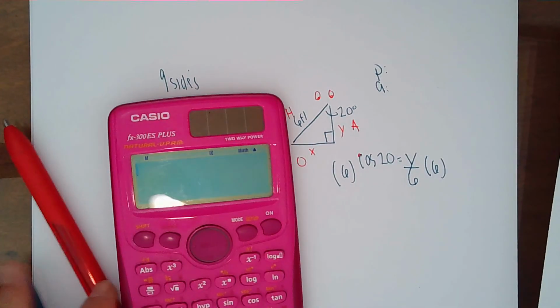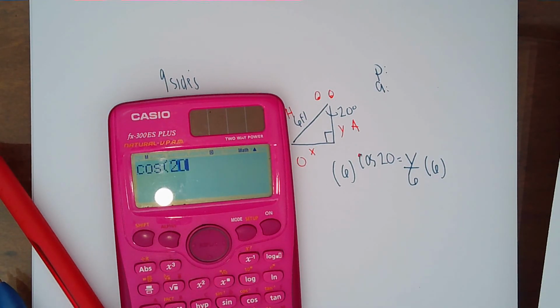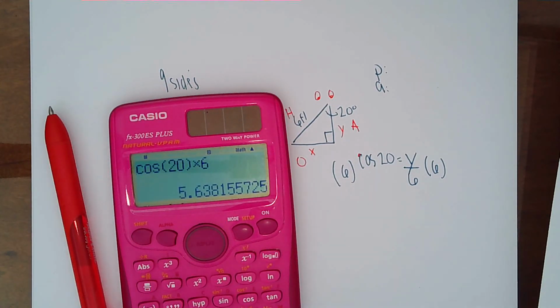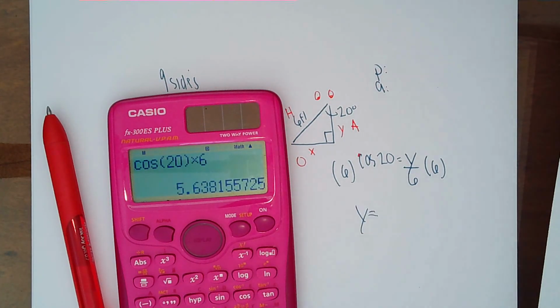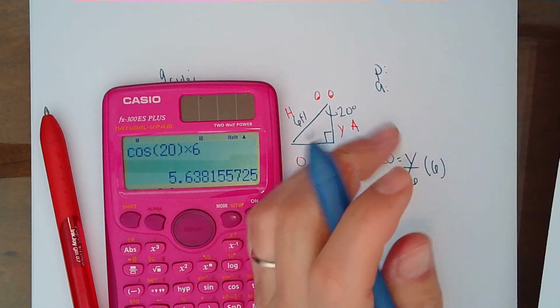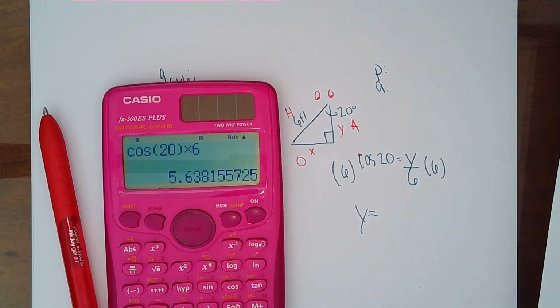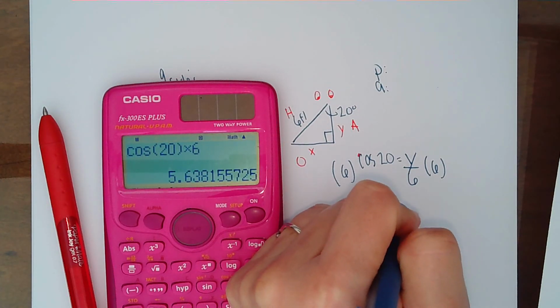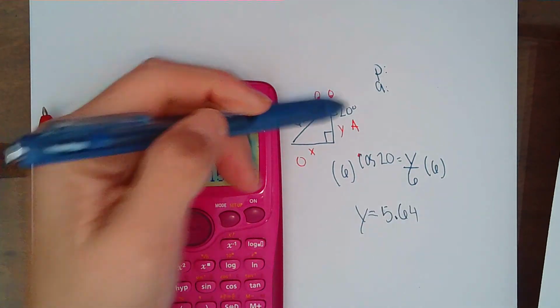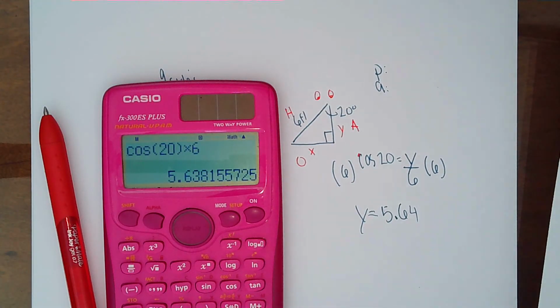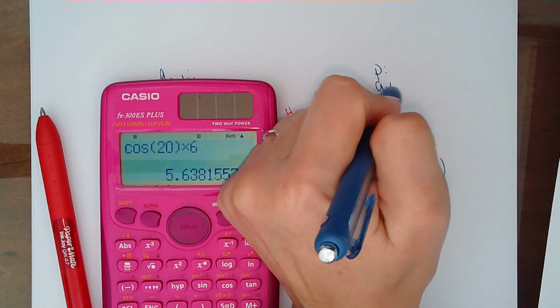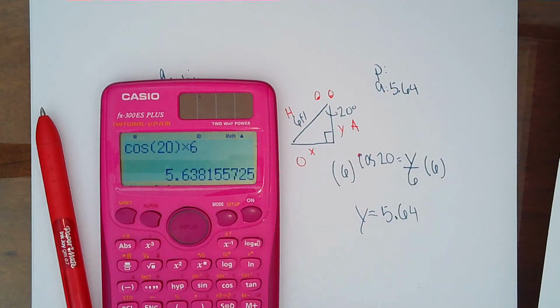So I would do cosine 20, close my parentheses, times 6, and I would end up with y equals 5.64. Now y, that was our apothem, so we are going to write that 5.64 right there.